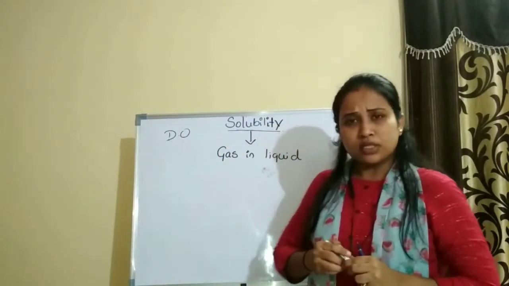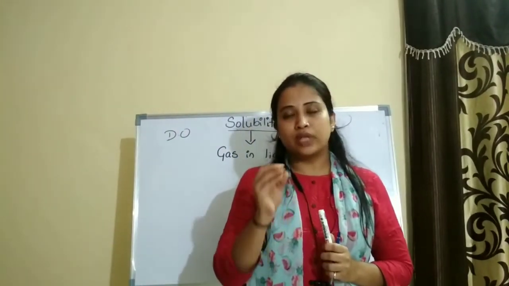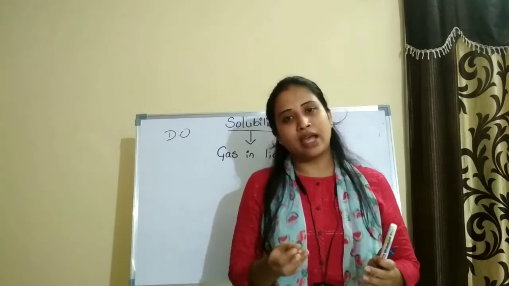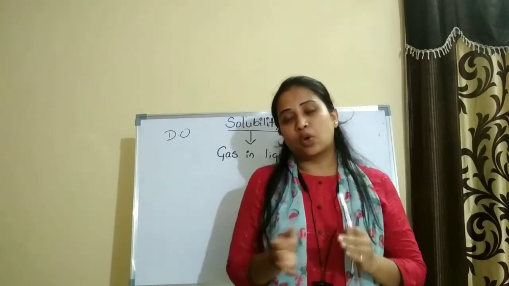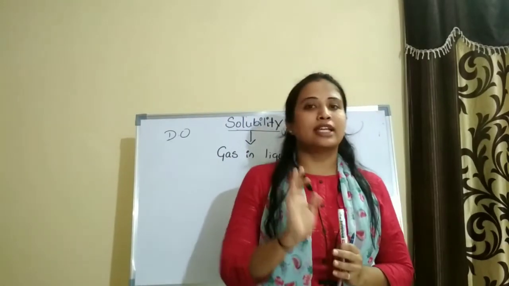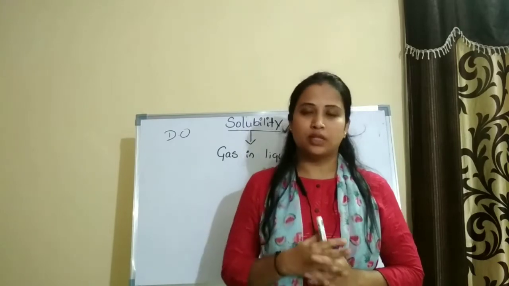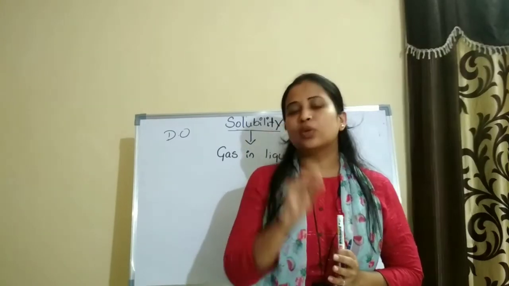Dissolved oxygen should be neither too high nor too low. To be frank, oxygen is not much soluble in water, because it is a non-polar gas. It will dissolve only to some extent. So these are two examples.